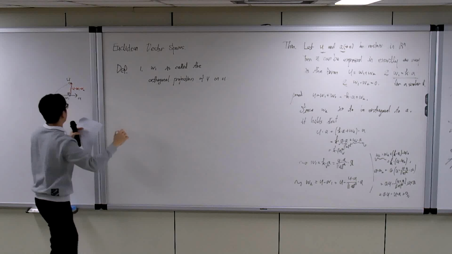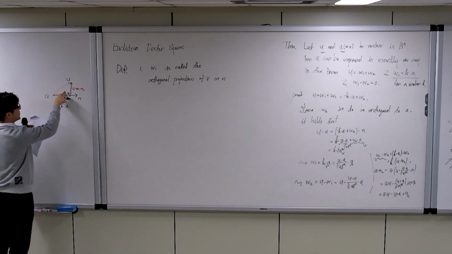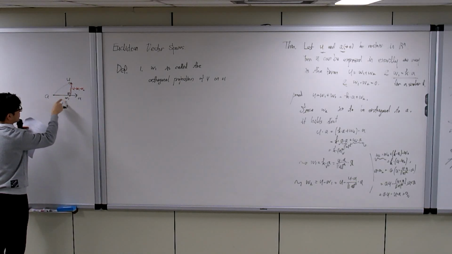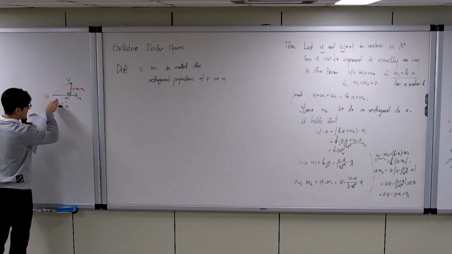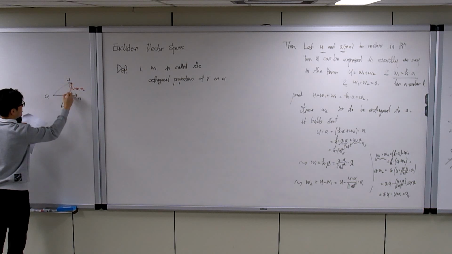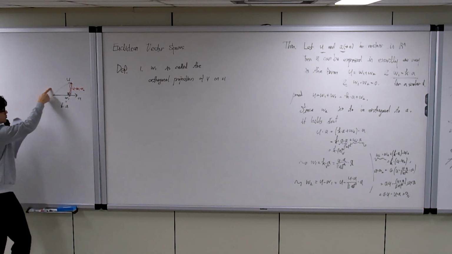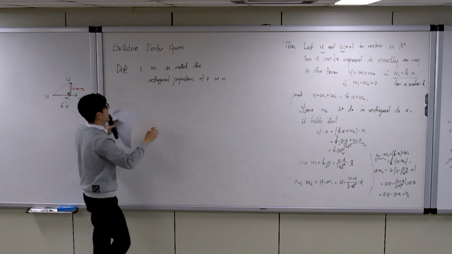That means we are seeing the vector w1 as an orthogonal projection of vector u on vector a.